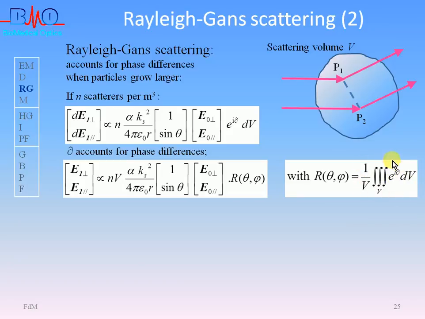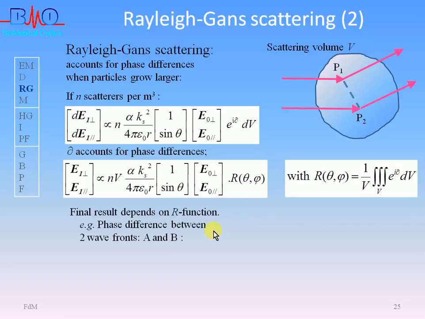And it can be seen that R of theta and phi is always smaller than 1. The final result, of course, depends on the R function.